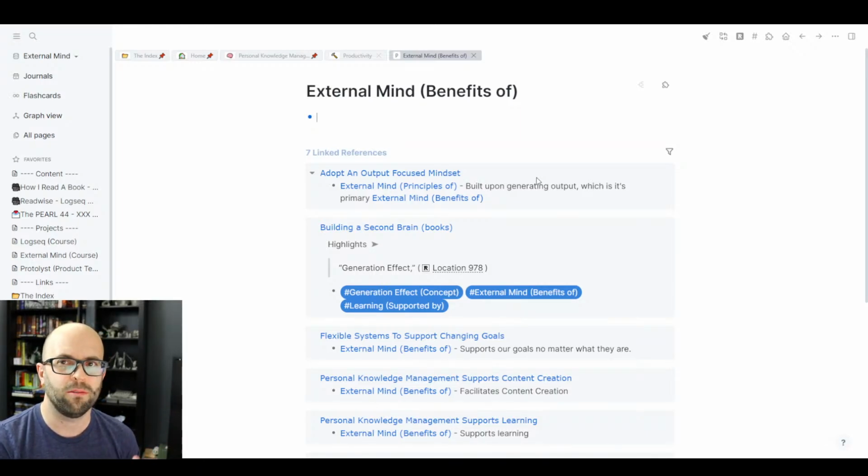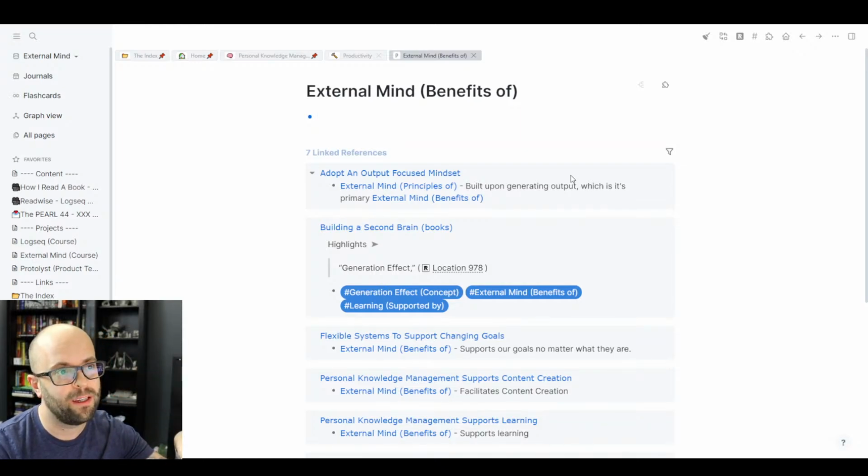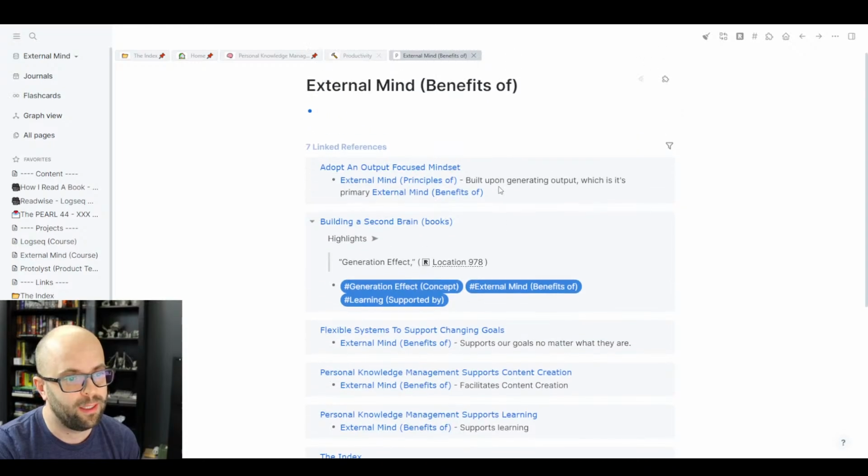I found when I was using Obsidian that would happen a lot, and I would diverge my thinking depending on which note I was adding to. So the first thing I do is check the index to see if I already have a note, in which case I'll just build onto that one.